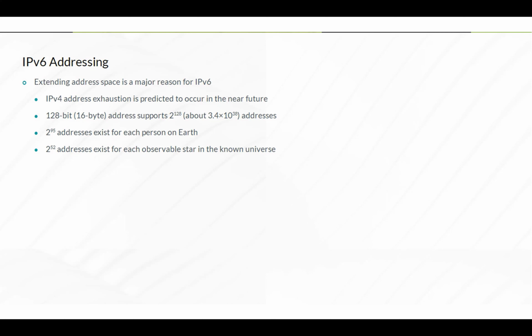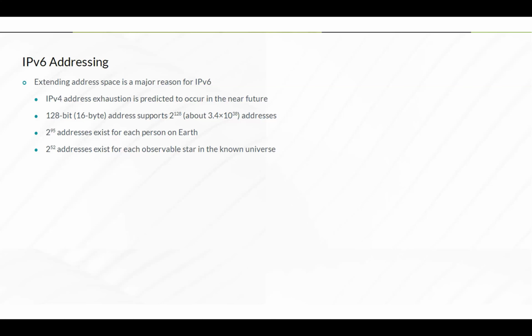You already know IPv4 address exhaustion is predicted, and in the near future I think everything will be in IPv6, communicating from IPv6 to another IPv6, not IPv4 to IPv4.